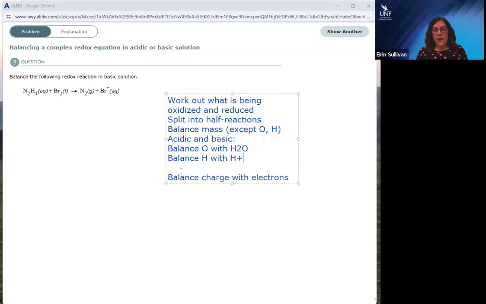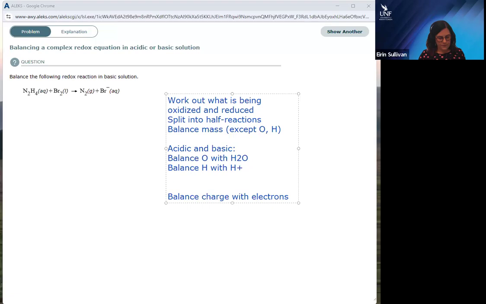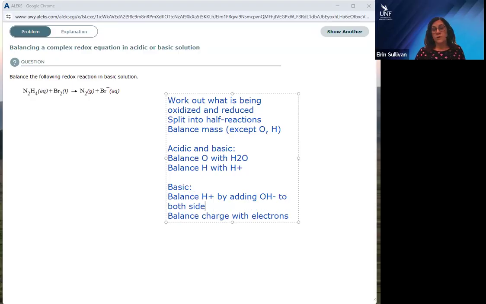If we are in basic solution only, we do one extra step: the H+ that we added, we balance by adding hydroxide, OH-, to both sides. H+ plus OH- gives us water.